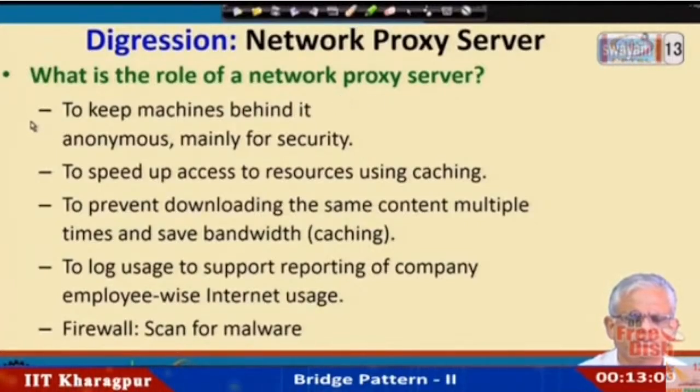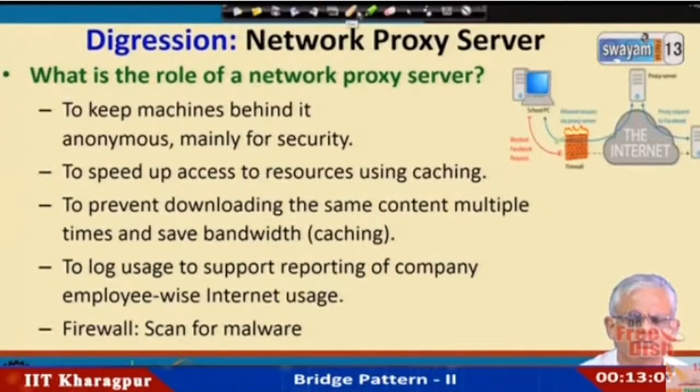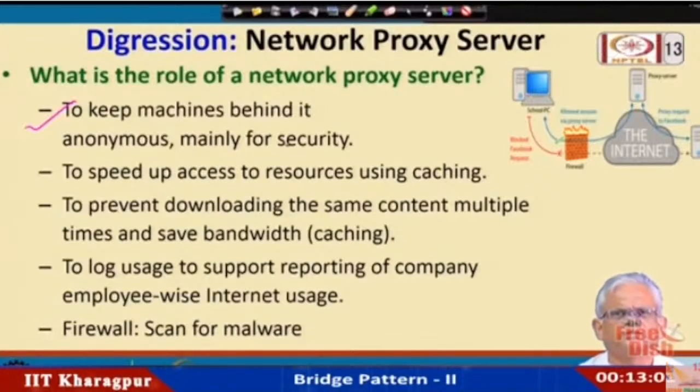The first is to keep machines behind anonymous. The machines behind the proxy have private IPs and they are anonymous, mainly for the security, and also it helps to handle the problem of providing enough number of IP addresses.